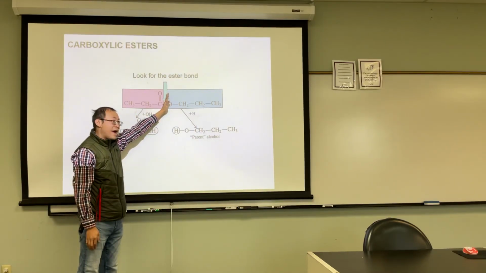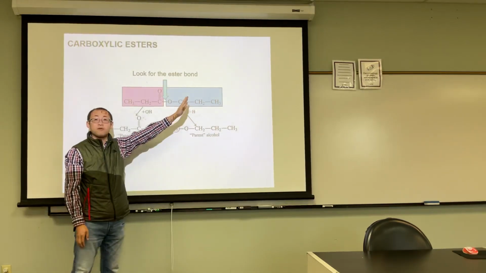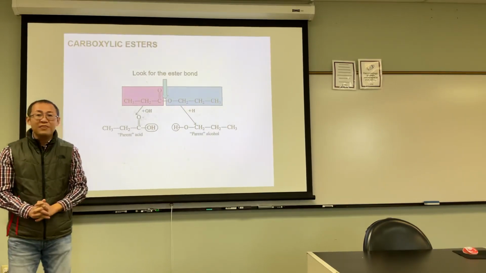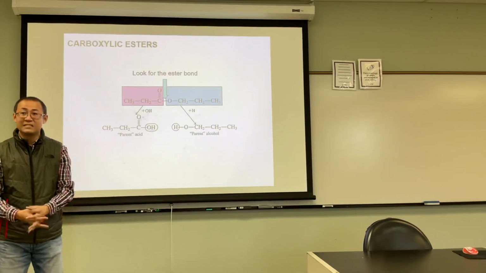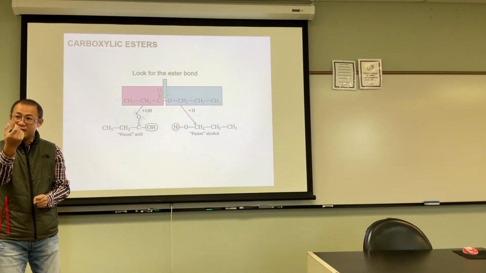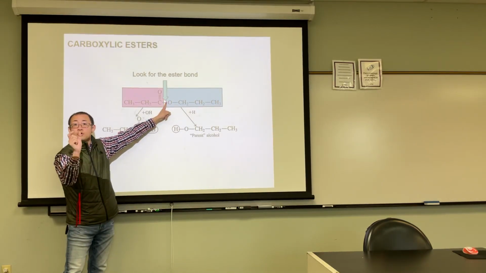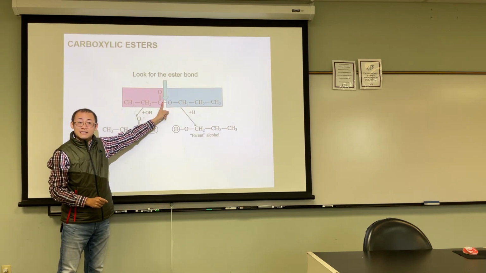Now, after this, you know this part is from the acid, this part is from the alcohol. You actually can write what the acid was and what the alcohol was, based on how we did the reaction. Remember, when we make the bond, we first removed the OH from the acid. Is that right?